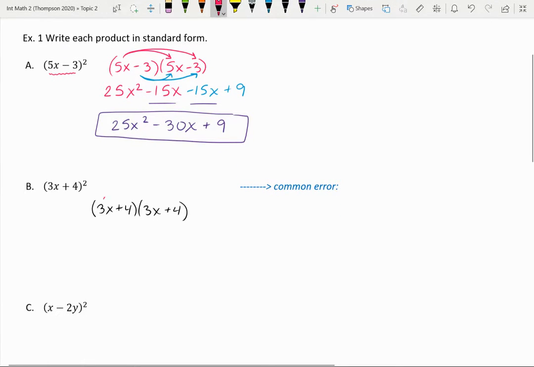And I distribute 3x times 3x. 3 times 3 is 9. x times x is x squared. 3x times 4 gives me a 12x. Then when I distribute the 4, so 4 times 3x gives me 12x. 4 times 4 gives me 16.